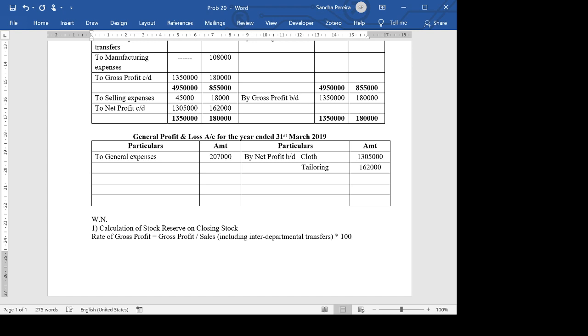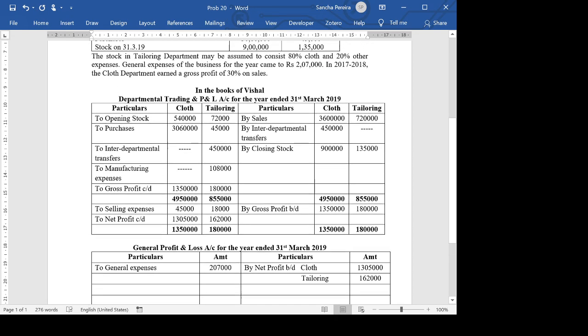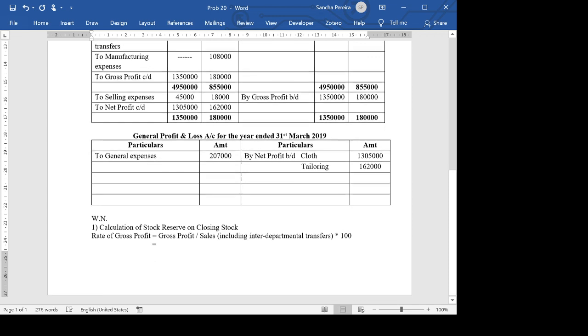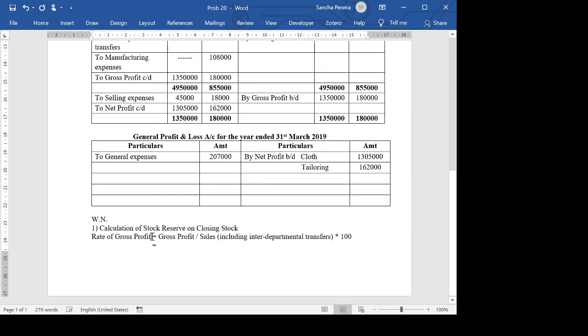Into 100 because we're talking about a rate, so obviously we will multiply it by 100. Now we need to know the rate of gross profit of which department? Cloth department. Rate of gross profit for cloth, because cloth is the one that's sending it. Rate of gross profit of cloth, gross profit upon sales.